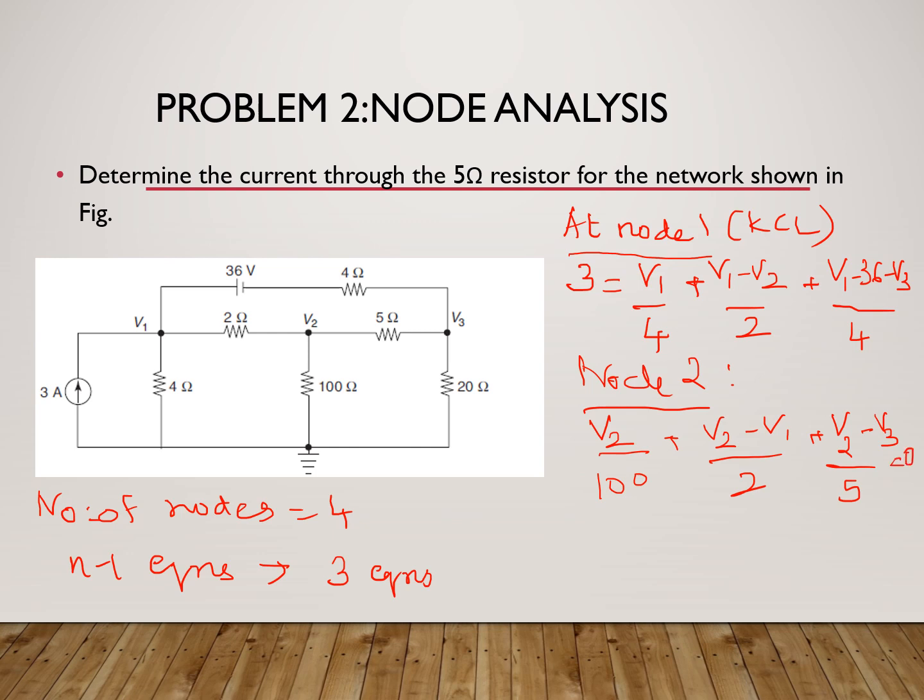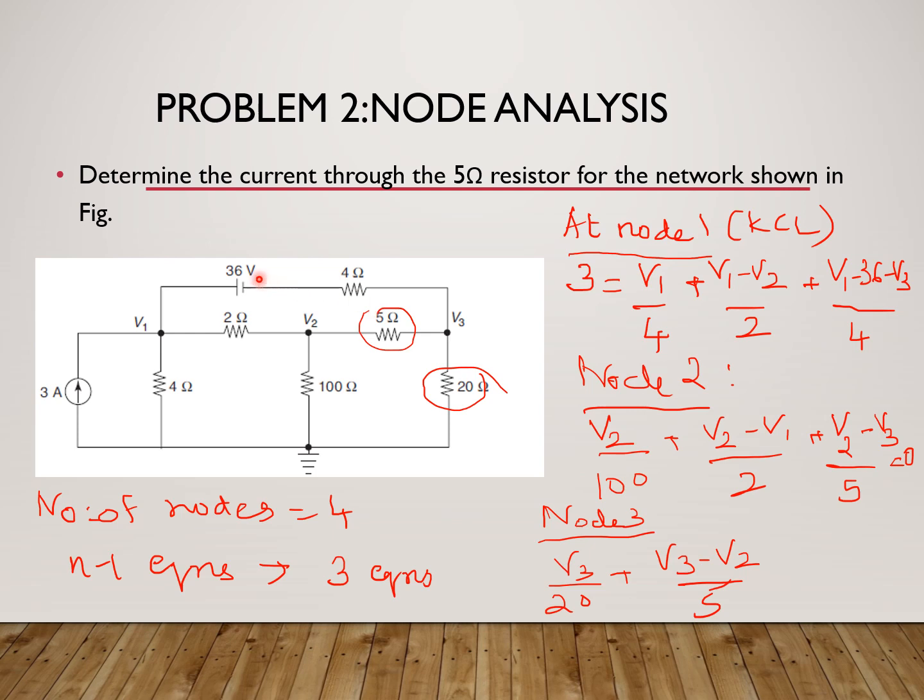So the last is at V3. So at node V3, what do we have? The last equation, which is V3 divided by 20 plus V3 minus V2 divided by 5. So we are speaking about this 5 ohm, this 20 ohm, and the last one, which is this branch, right? So when we are writing for this particular branch, now going from V3 towards V1, V3 minus to plus is a plus.